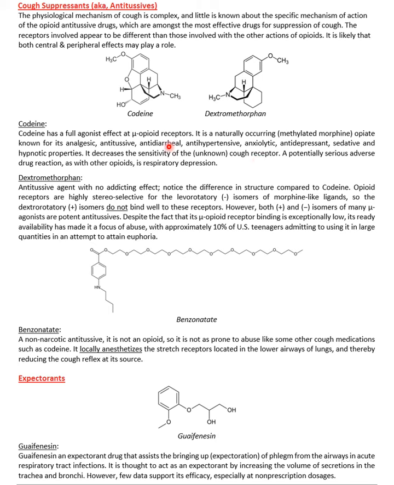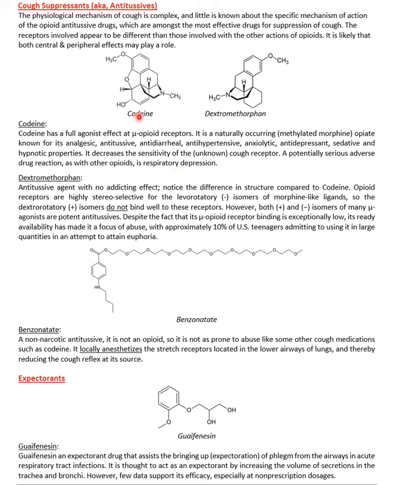We are not sure if it's the opioid or some other sigma 1 or 2 types of receptors. There are many theories. The most serious side effect for codeine or for the opioids in general is respiratory depression, which is the major cause for the drug abuse of these medications.